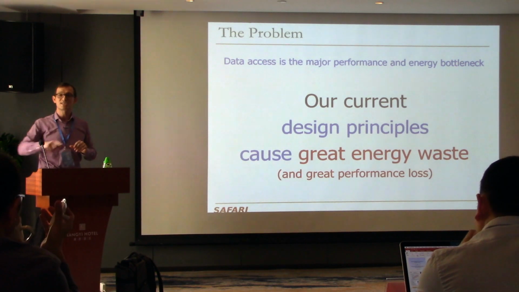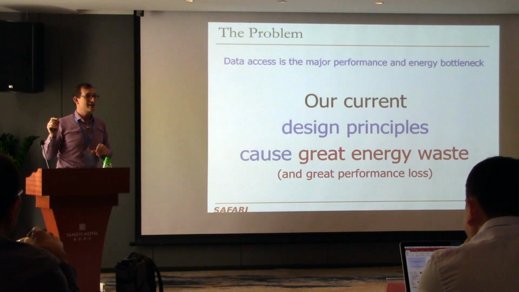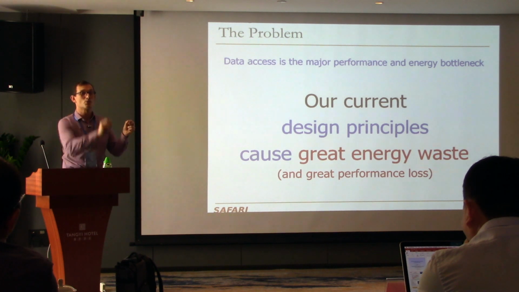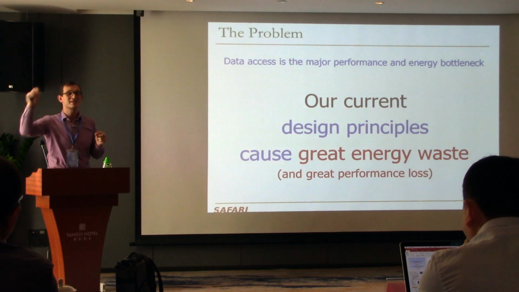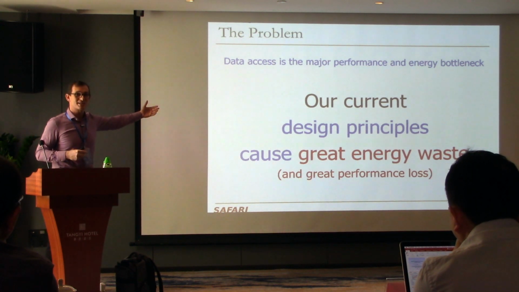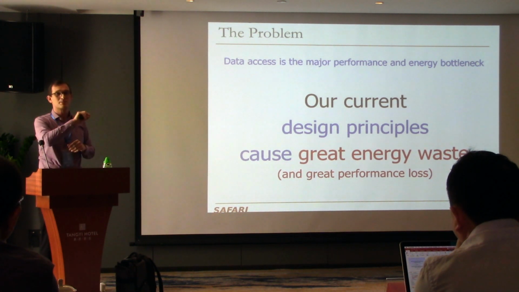So today we're in this vicious cycle, and that vicious cycle is data movement is a problem. It causes performance issues. It causes energy waste. To overcome the performance issues, we add more complexity and we cause even more energy waste. So we keep circling in this vicious cycle. Of course, if you want to design a more intelligent system, get rid of all these issues, you really need to break the vicious cycle.